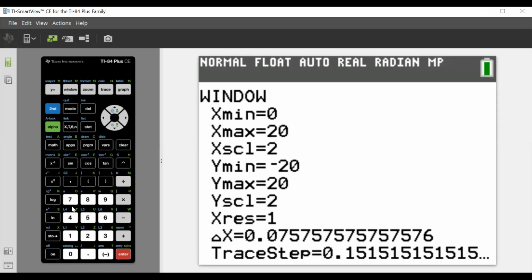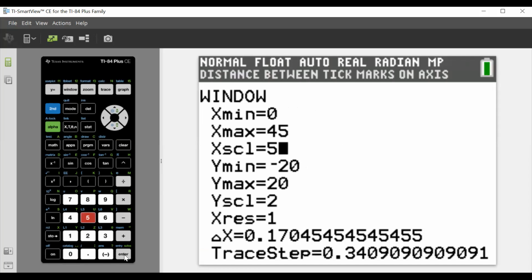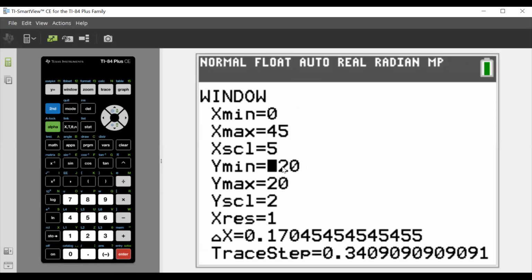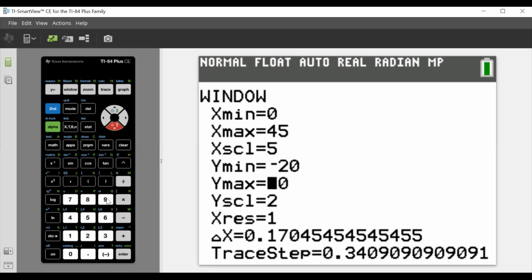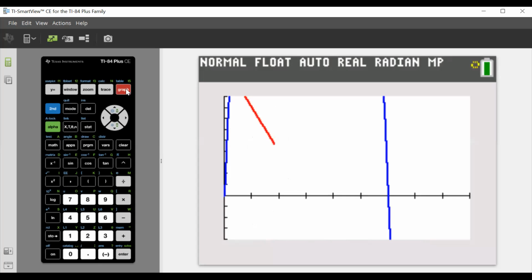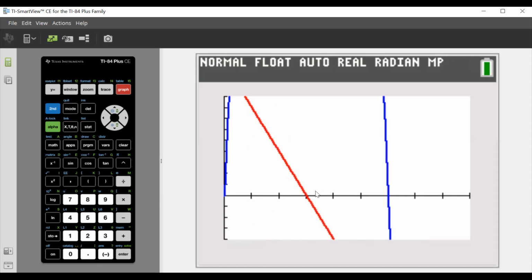Maybe let's go for x, let's do, I don't know, 45 for a max. Let's go by fives. Now, we can always have a negative here because our derivative could go negative. So let's keep that. Let's go up to, I don't know, 45, and let's go by fives. All right, so it looks like we probably should get a lot higher, but look here.